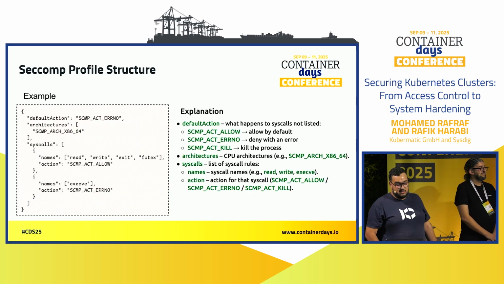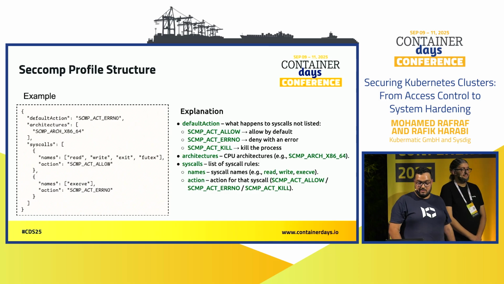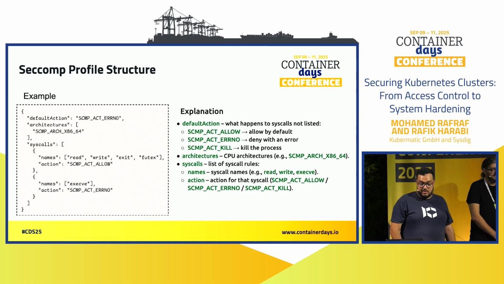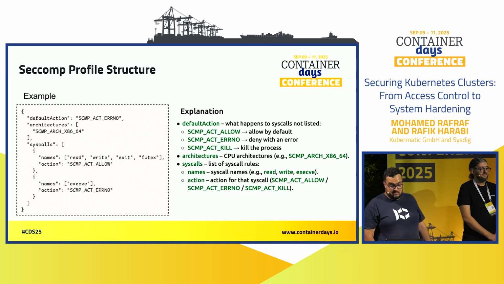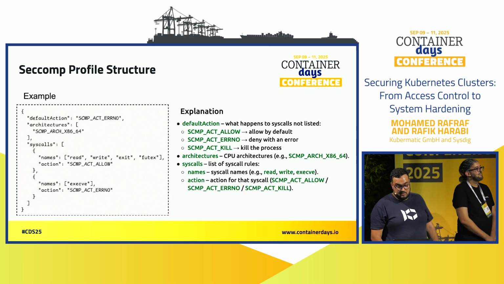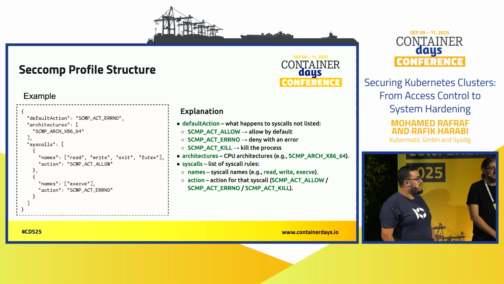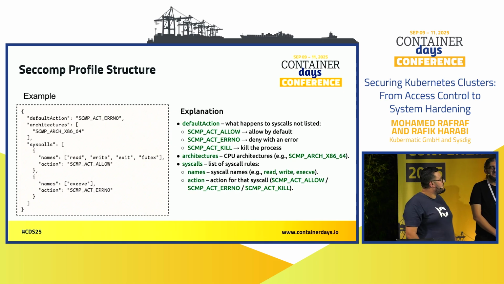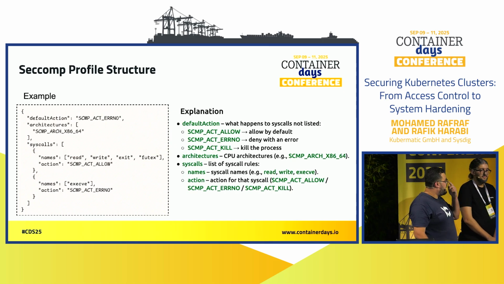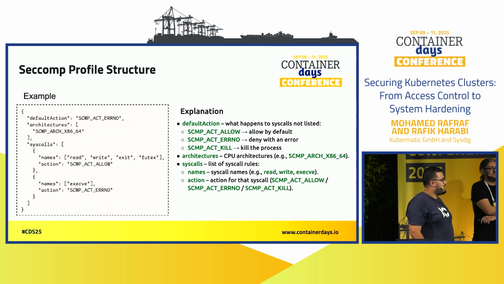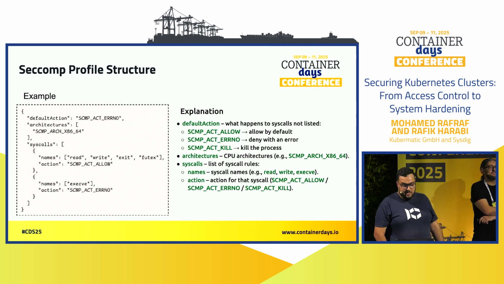So this is an example of a seccomp profile structure. The most important field in this file is the default action, which decides what happens if a syscall is not listed. Usually we set it to block with an error, which means that if we have a syscall that is not listed in our file, we block it by sending an error to the application.